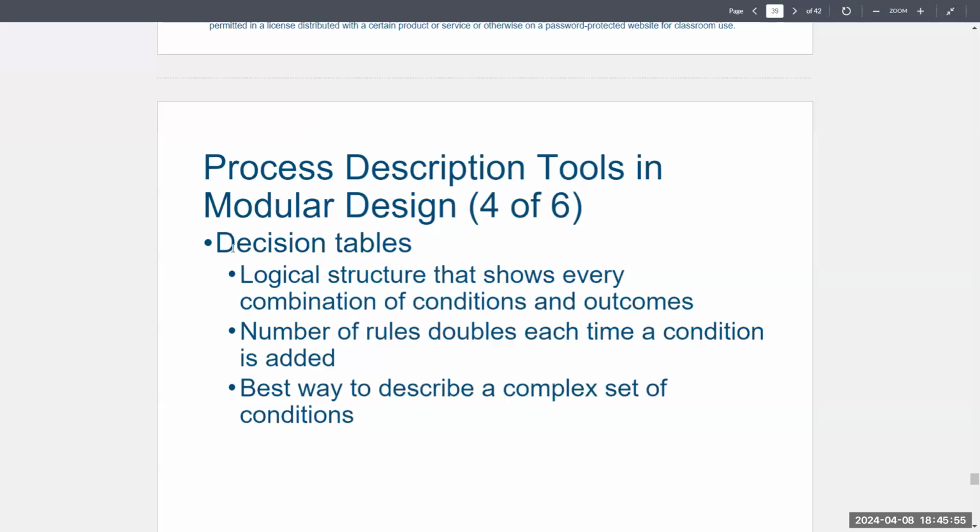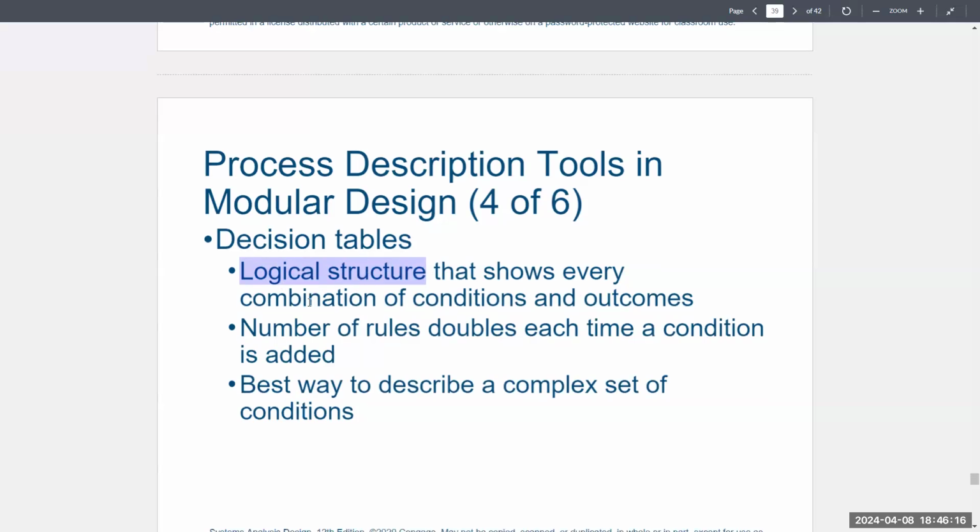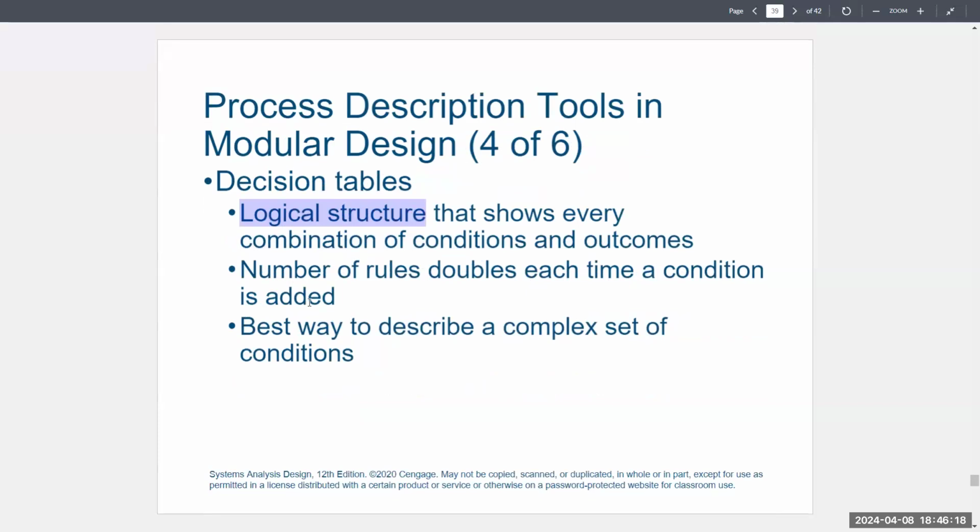So we talked about decision tables. What do those mean? These are the tables that you use to represent any kind of business logic. Every business logic will have so many different combinations of inputs, which will result in several different outcomes. That's what this decision table is good at showing. One of the things to remember is the number of rules doubles each time a condition is added.